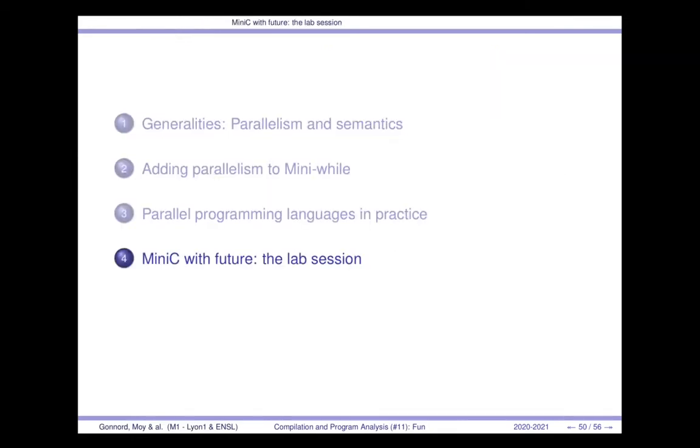Okay, so that was a bit of what exists now, because those two languages I presented are still used and were designed in the last 10 or 20 years. What I will present now is the lab session, which consists in doing a mini C with Future.